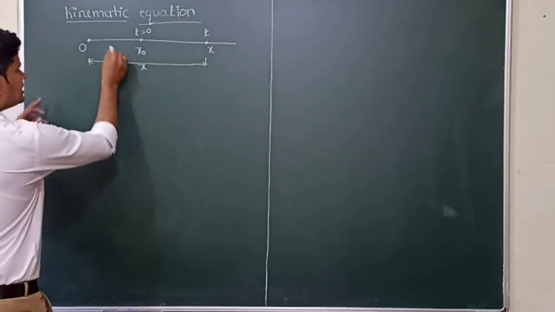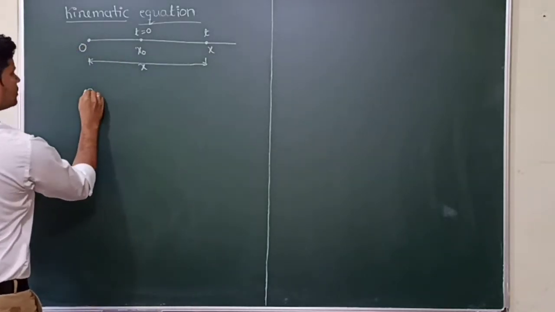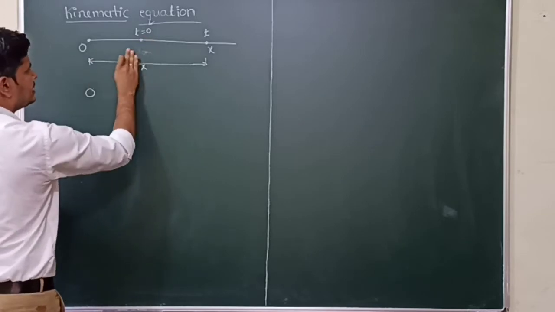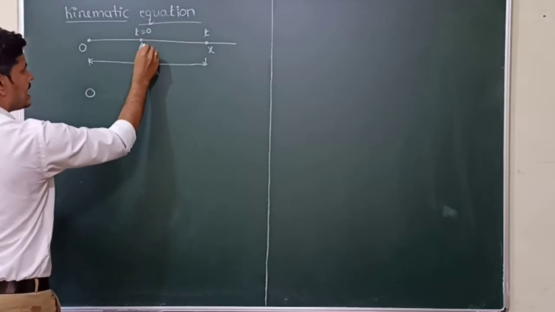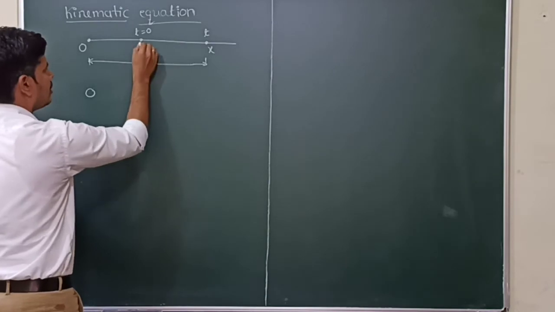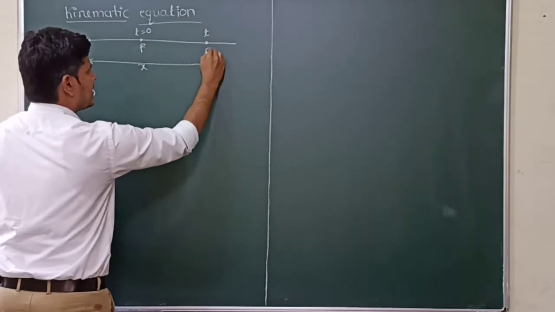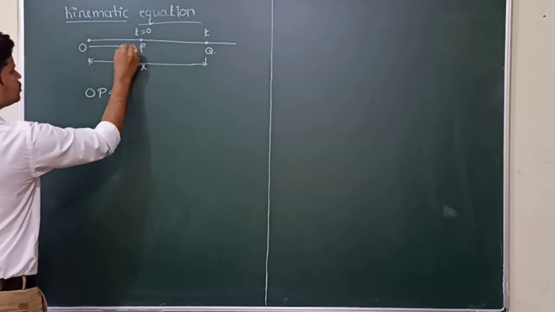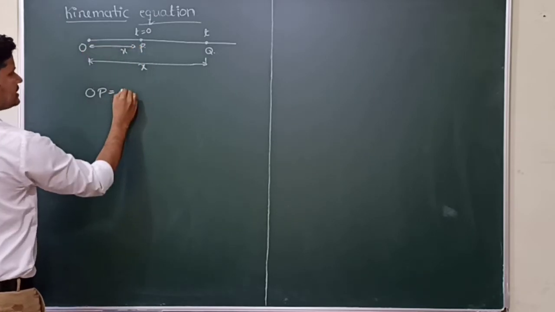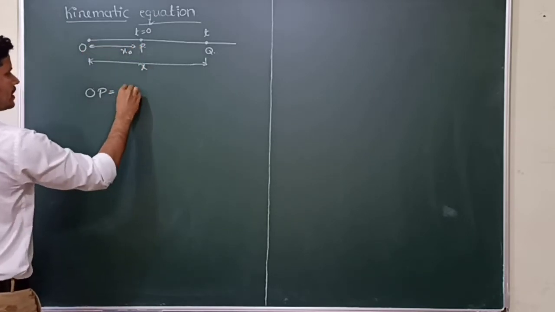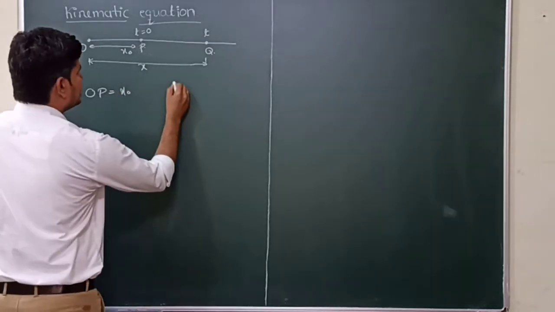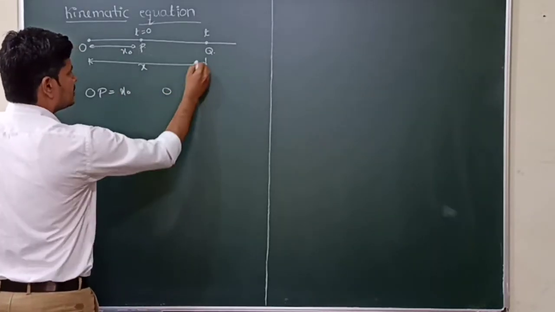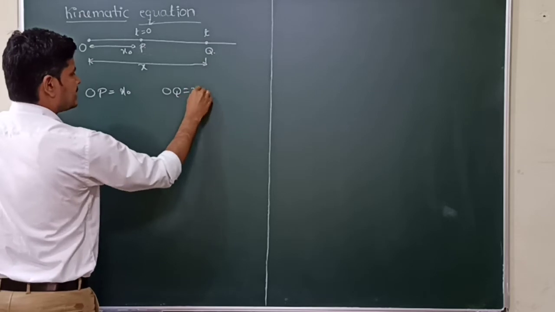Take this point as P and this as Q. OP is the position vector x naught, and OQ is x.